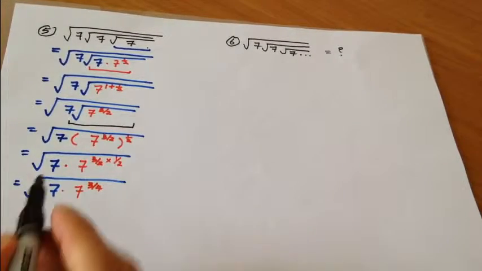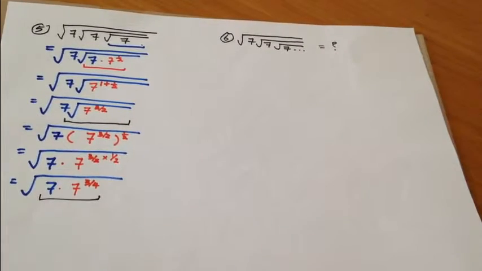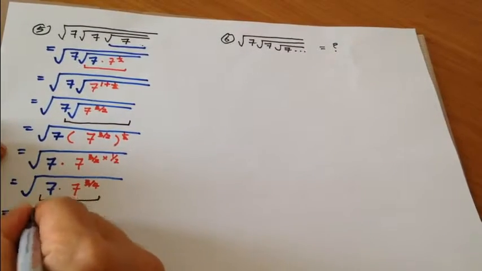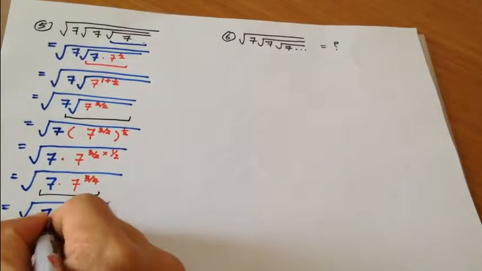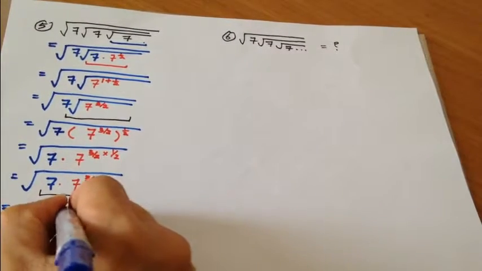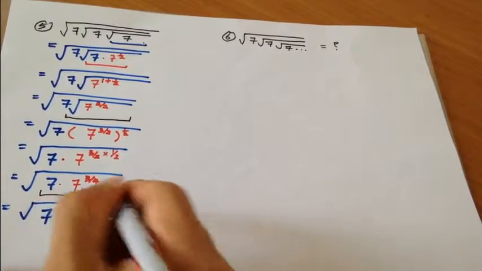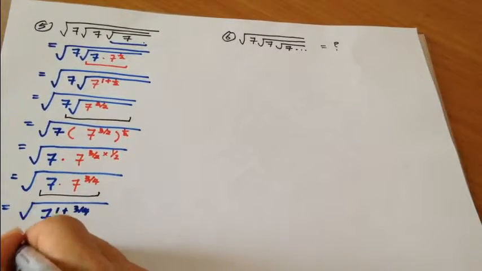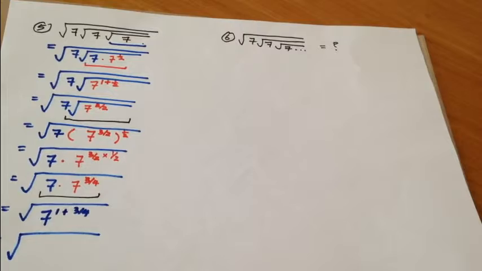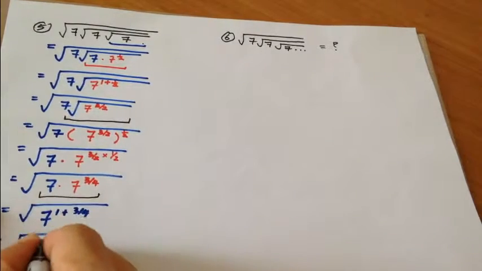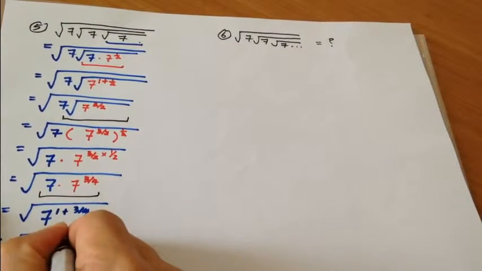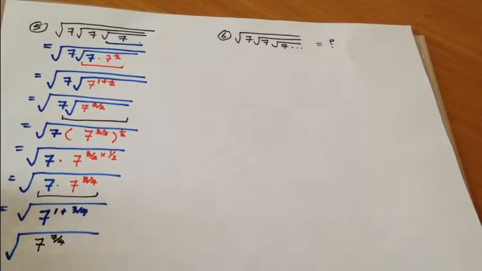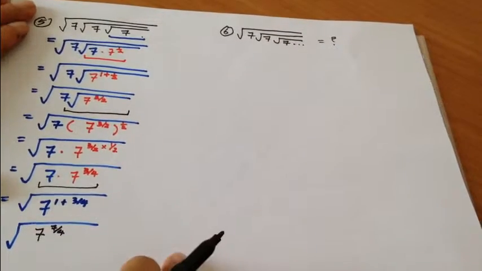Now we consider the thing inside, that's these two. Those will become 7 raised to the power of 1 plus 3/4. In other words, this is square root of 7 to the 7 over 4.